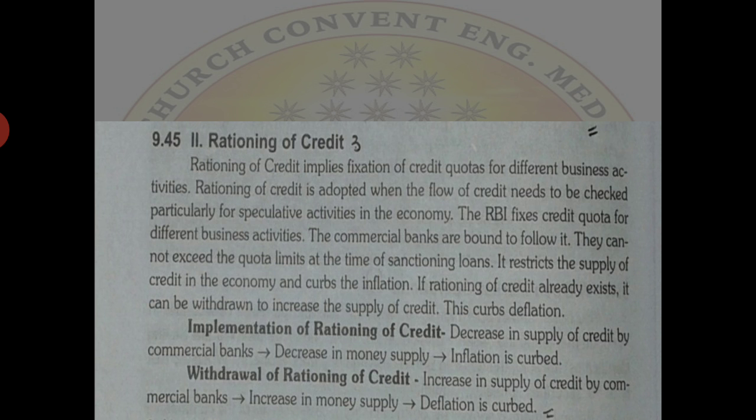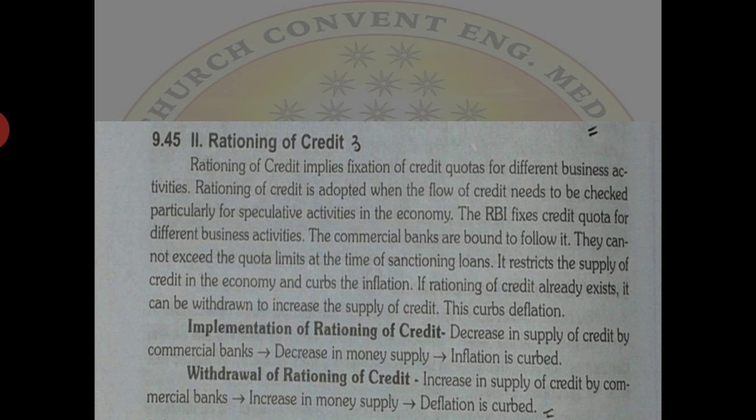Then RBI fixes credit quota for different business activities, and commercial banks follow the guideline of RBI. They cannot go beyond that quota limit while they are sanctioning loans. So it makes a restriction in the supply of credit in the economy, and inflation is curbed.